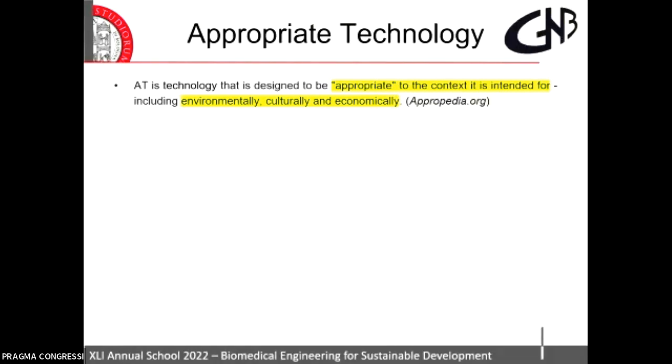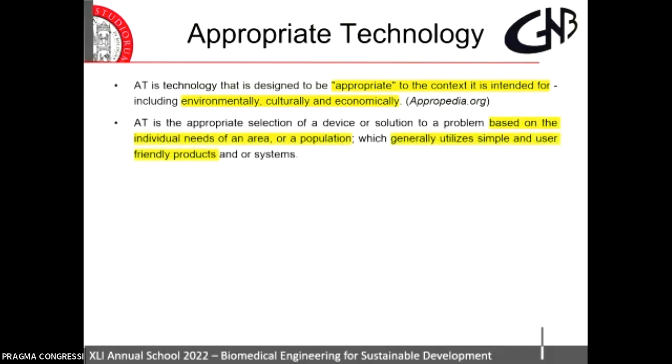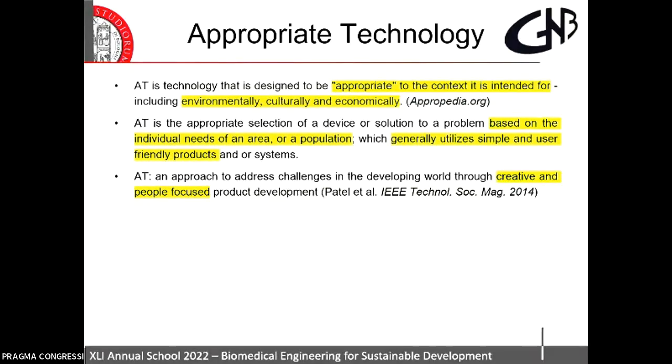Appropriate technology is something appropriate to the context it is intended for, from different points of view: environmental, cultural, economical. It is based on the individual needs of an area or a population, and in general uses simple and user-friendly products. It is creative and people-focused.